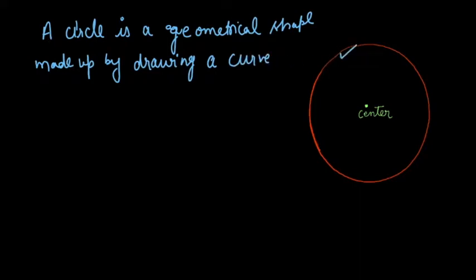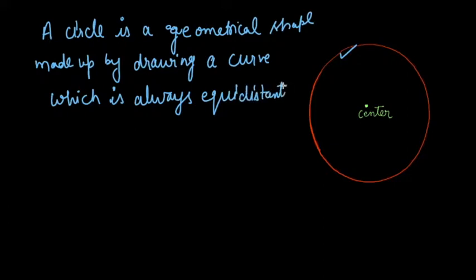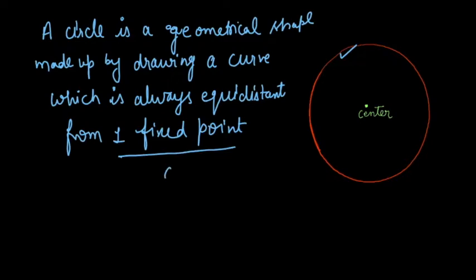This curve is always equidistant, which means at an equal distance, from one fixed point. And that one fixed point is your center. So this is the center of the circle and this is your curve. It means this distance and this distance will always be equal from a fixed point, and this fixed point is said to be the center of the circle.